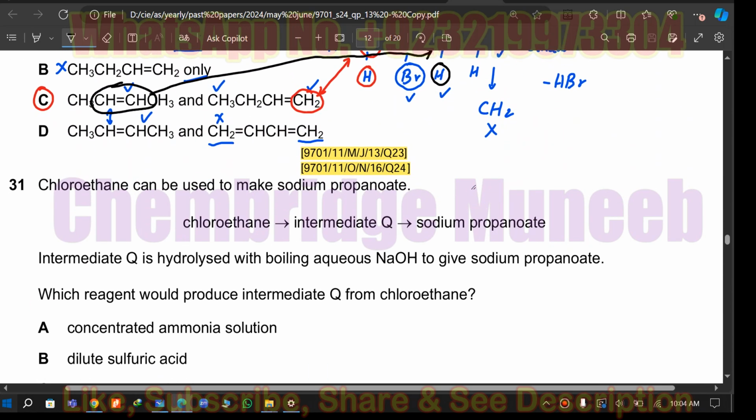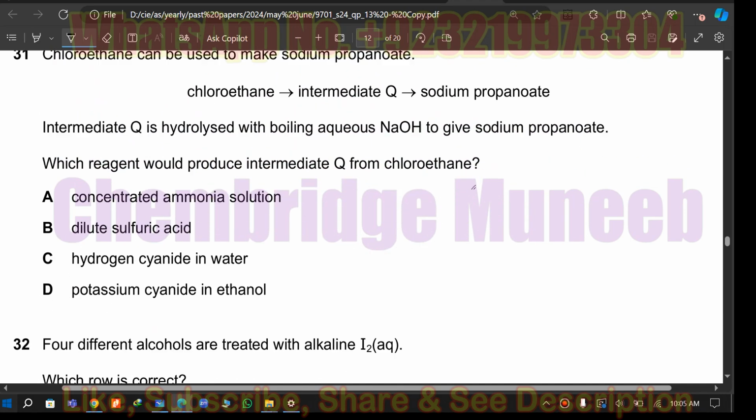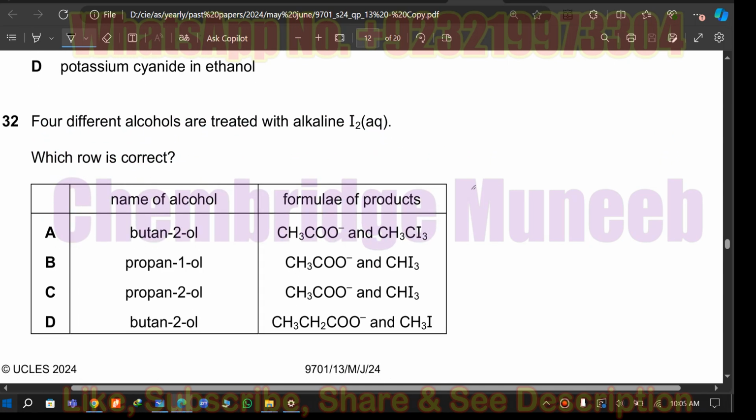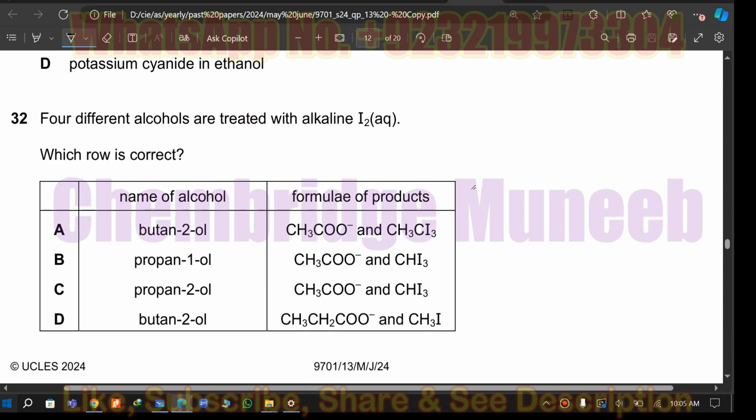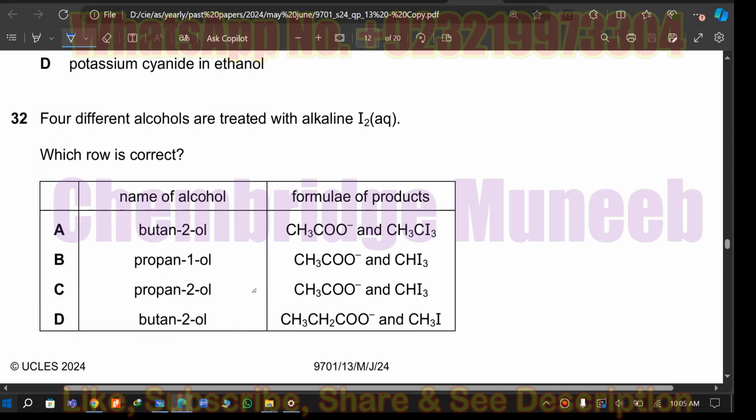Then question number 31, and this question is already attempted by someone else, so I'm skipping this question. Then question number 32. Four different alcohols are treated with alkaline I2. Which is correct? Okay, here we have two different columns with the compounds.